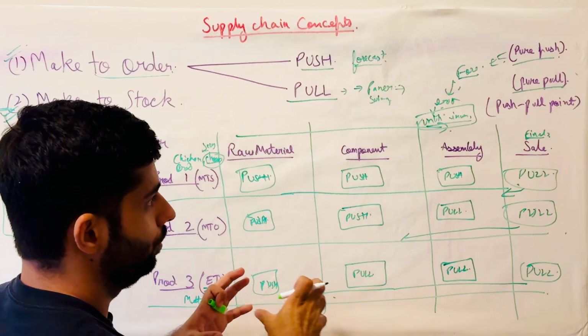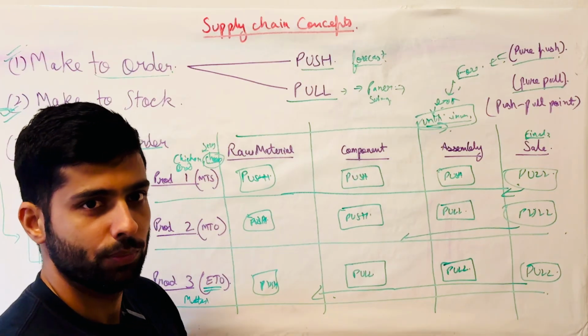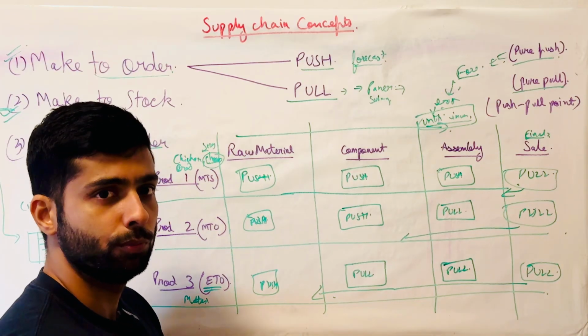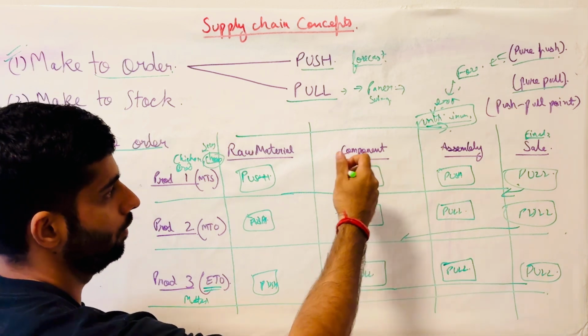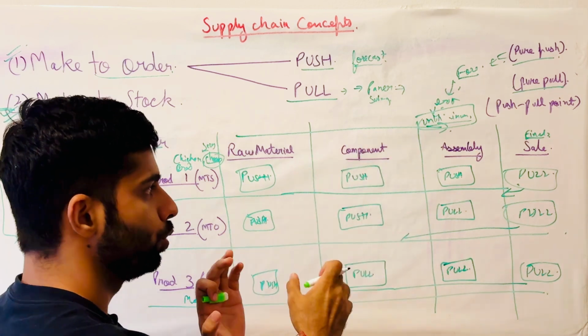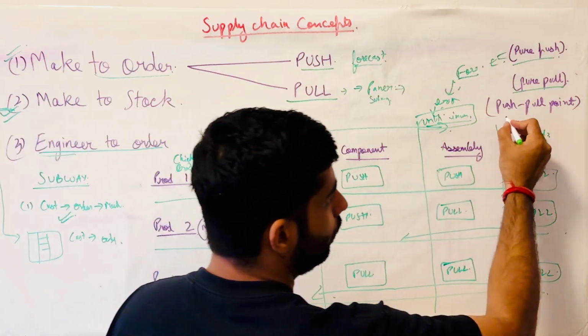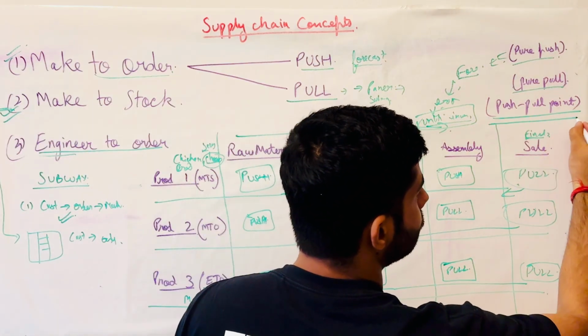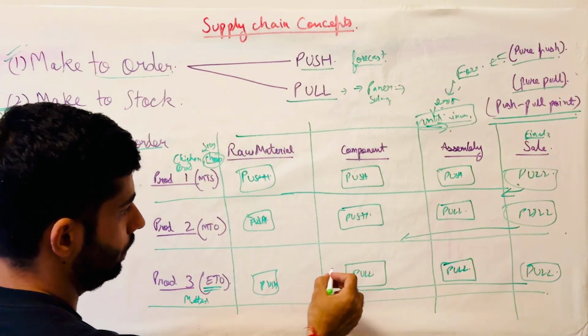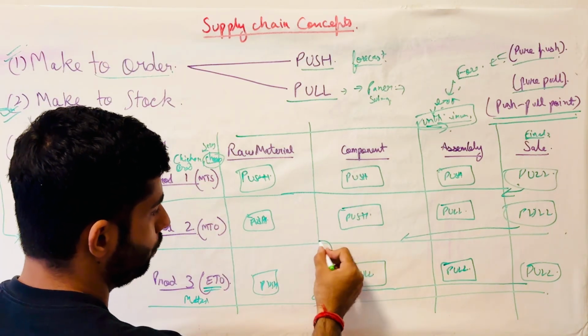Now, as I mentioned earlier, every supply chain is a combination of push and pull. It's just a question of the point where a push changes to pull and waits for the actual order. This point is called a push pull point. For example, here we try to understand where the push pull point might be.